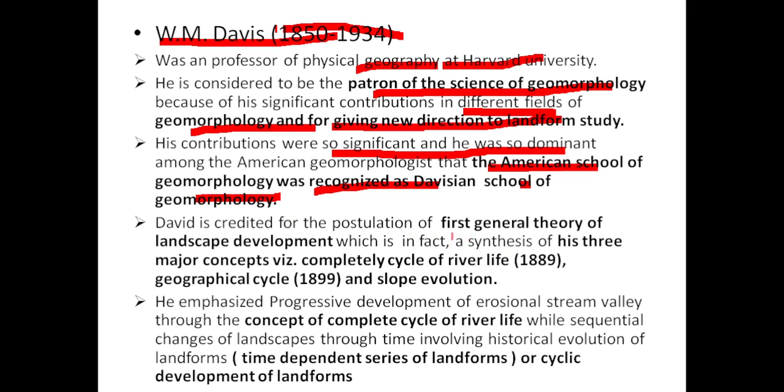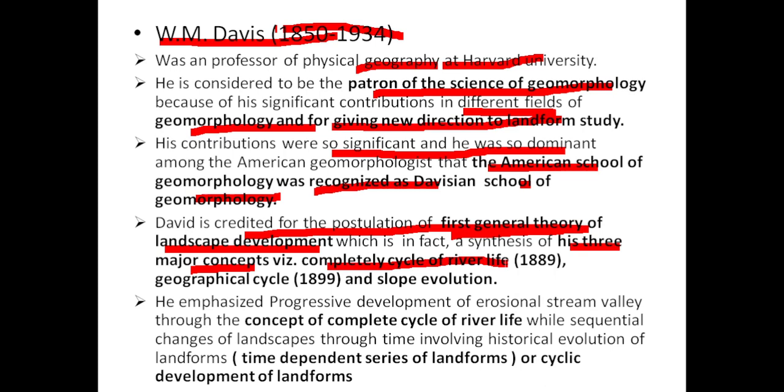Davis is credited for the first postulation of a general theory of landscape development, a synthesis of his three major concepts: the complete cycle of river life, 1889, the geographic cycle, 1899, and slope evolution.